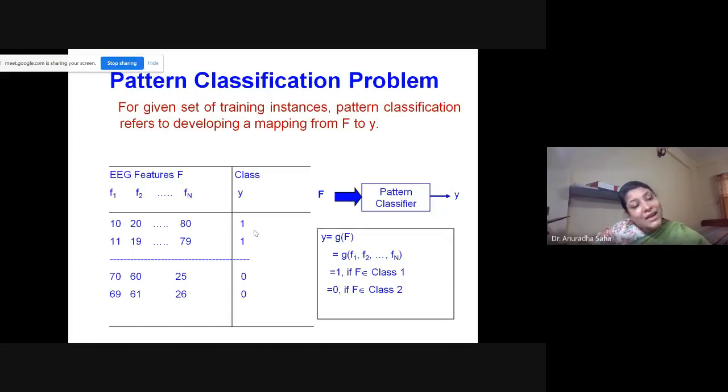Then again you are going to perform the same experiment with the same smell stimulus, that means with naphthalene again. After 30 seconds of the second instance, after filtering and after feature extraction, you are getting again capital N number of features. And now let's say you have feature values of 11, 19, 79, and so on.